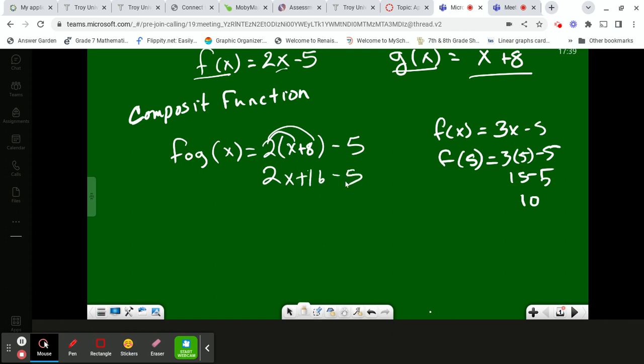Minus 5. And that's going to give you 2x plus 11. Right? We left out this x. We put in x plus 8 from my g of x. And then we just distribute and simplify it down.